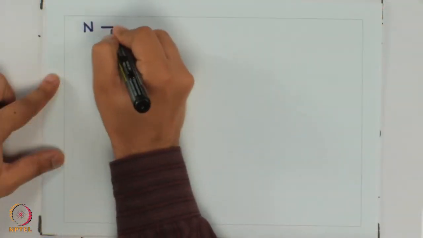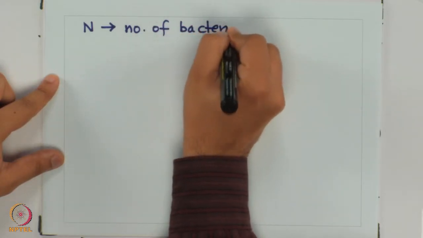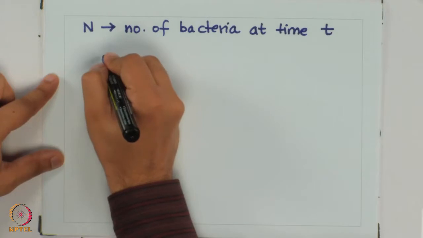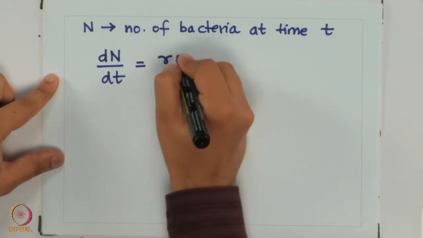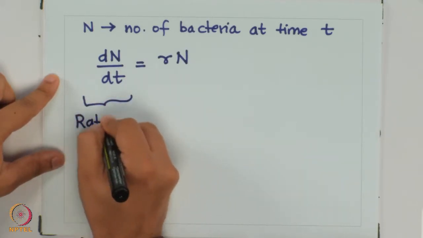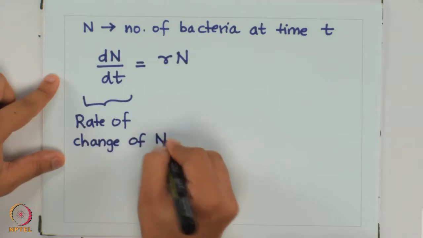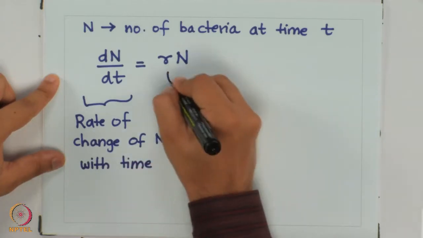And to do that, we'll use differential calculus and we'll say if n is the number of bacteria at time t, dn by dt can simply be written as r times n, where dn by dt is the rate of change of n, which is the number of bacteria with time, and r is the rate of growth.